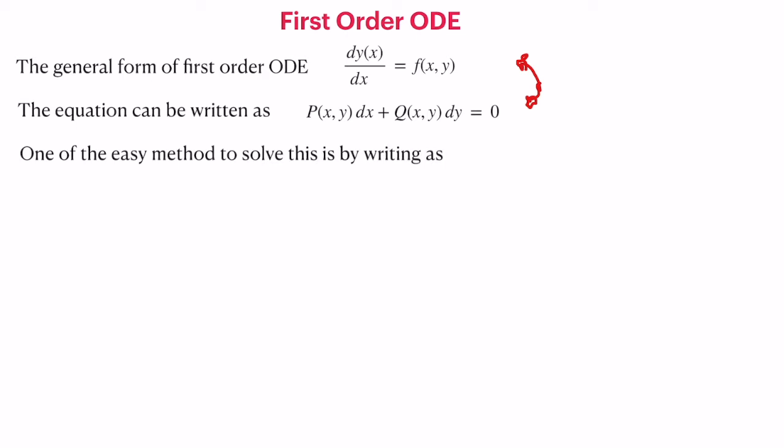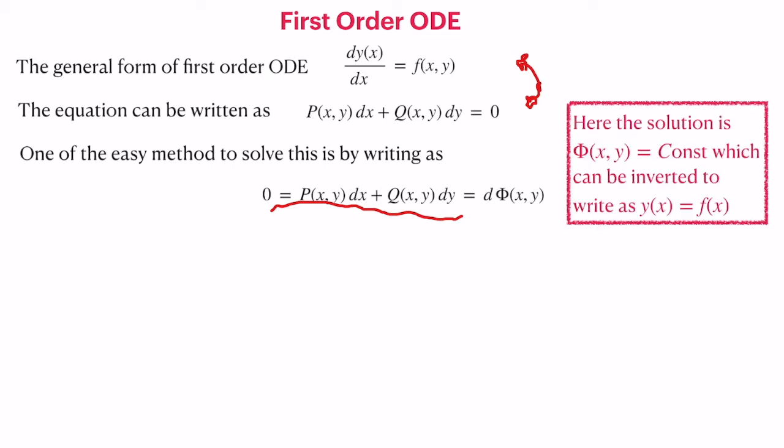One of the easiest methods to solve this differential equation is to write it in an exact form. For example, suppose we take the differential equation of the form p dx plus q dy, then we essentially write it as d of phi of xy is equal to 0, where phi of xy equal to a constant represents the solution to the differential equation.